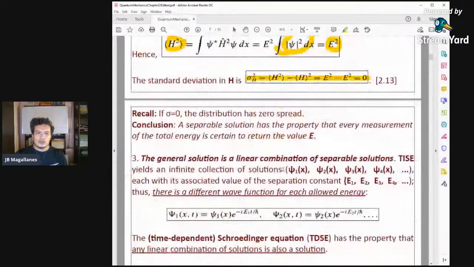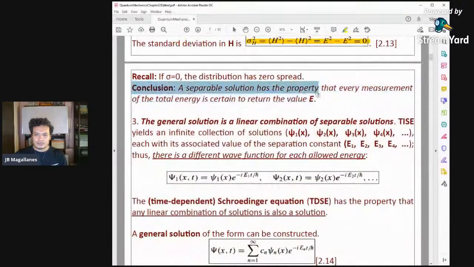So here's the conclusion of the method. A separable solution has the property that every measurement of the total energy is certain to return the value E. Again, E is the total energy of the system in that particular state, represented by phi of x.